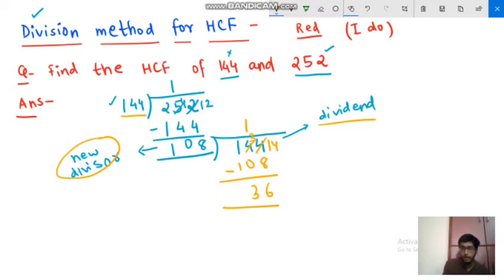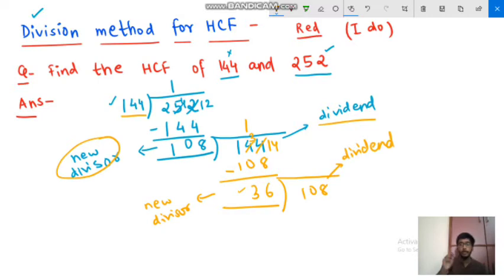Again, the remainder is not 0, and there is no other number that can divide 36 when we have 108 as the divisor. So I will make 36 the new divisor and 108 my dividend. We are going to do this until we get remainder 0.